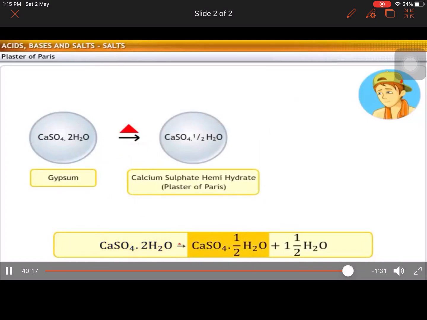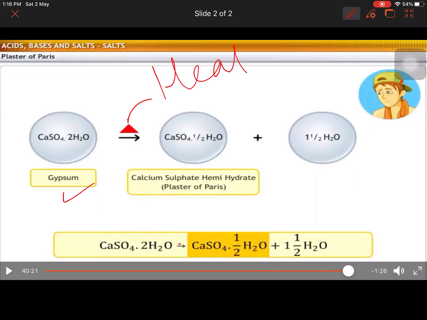Plaster of Paris is chemically called calcium sulfate hemihydrate. What does this equation mean? When gypsum, which is calcium sulfate dihydrate, is heated, this delta sign means heat. Whenever you see delta over an arrow in a reaction, that is the symbol of heating.